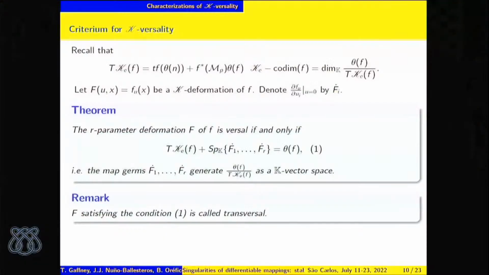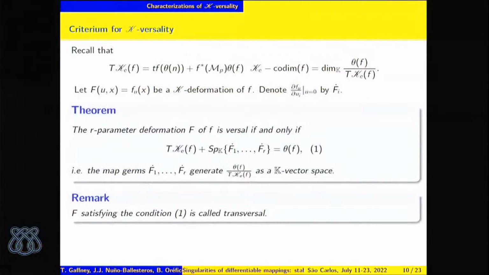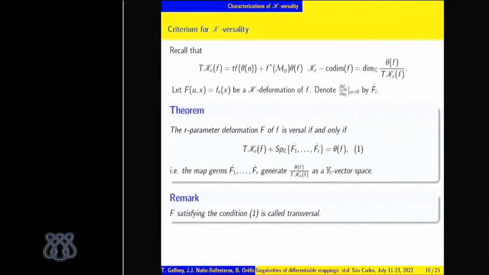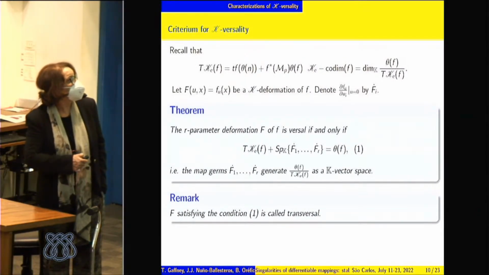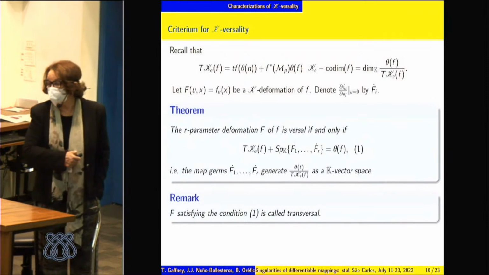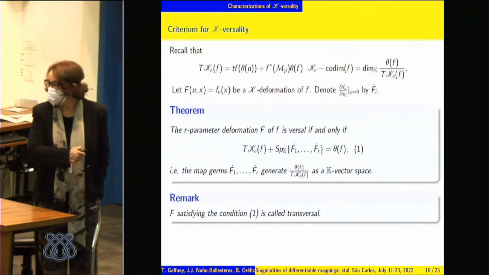So this condition says that the map is transverse to the orbit, right? So in fact, when we have an unfolding satisfying this, we say that the unfolding is transversal. And this theorem says that the two notions are the same. So a deformation is versal if and only if it is transversal.